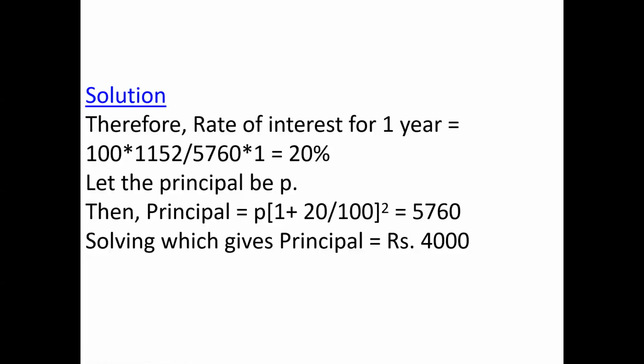I have not shown it here. You can calculate this part, and if we calculate, then you will definitely get P value as 4000. Already I have shown in earlier problems how to find P. So from that concept only you can find the P value here also.